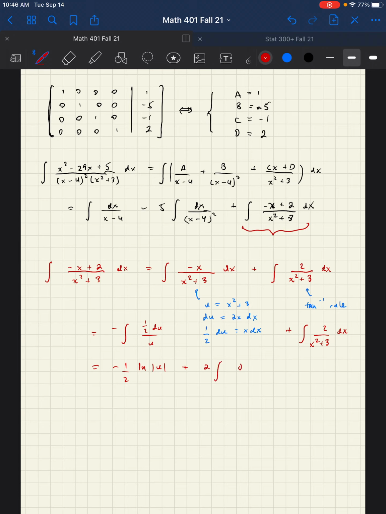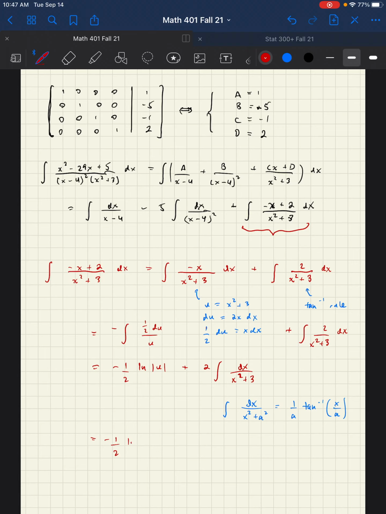It's this one now. So if we pull out the 2, we have dx over x squared plus 3. Because we're using the rule, the integral of dx over x squared plus a squared equals 1 over a tangent inverse of x over a plus c. But we're not going to add the plus c yet because we're doing that later. A squared, though, here is 3, which means our a is actually the square root of 3.